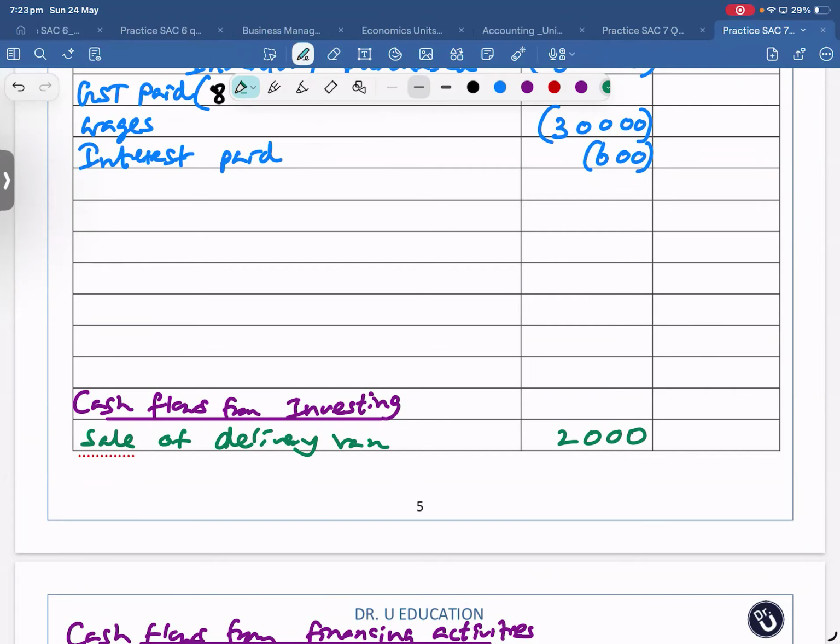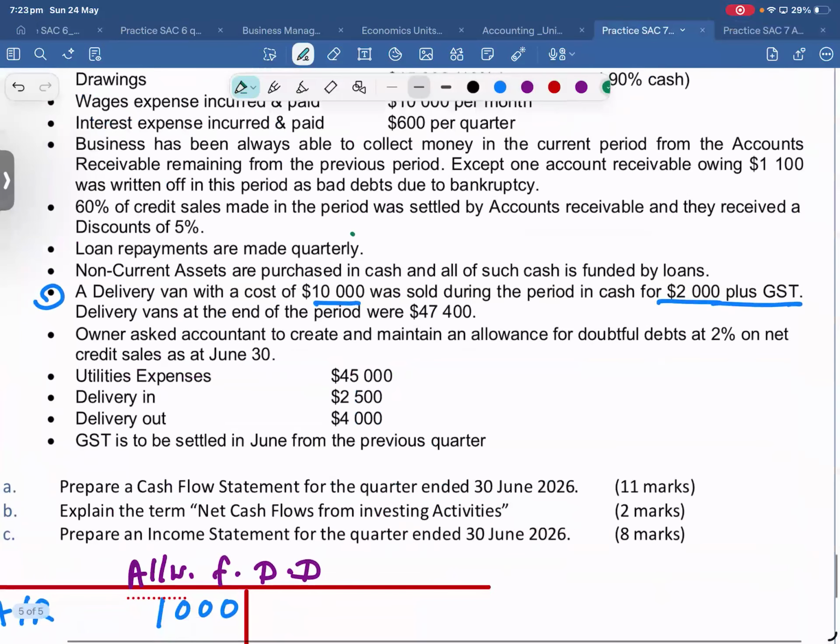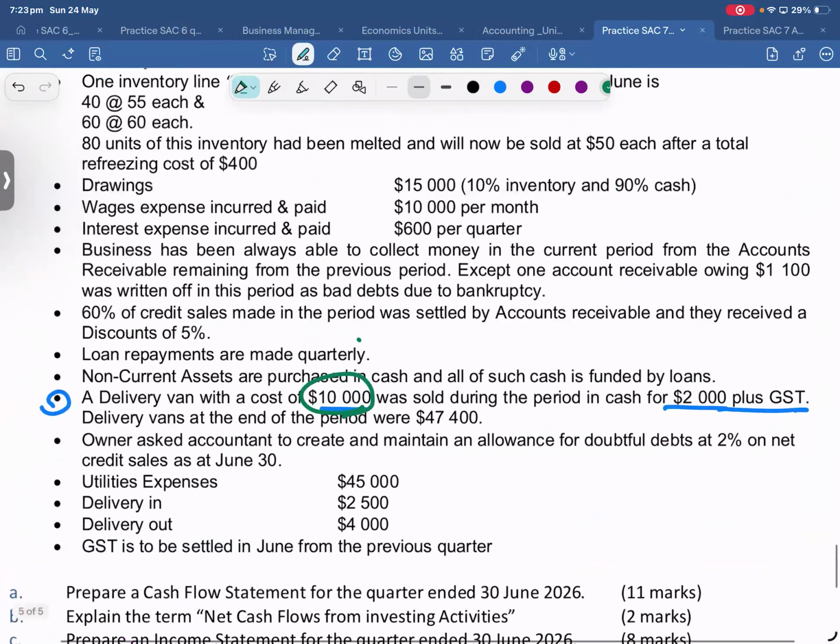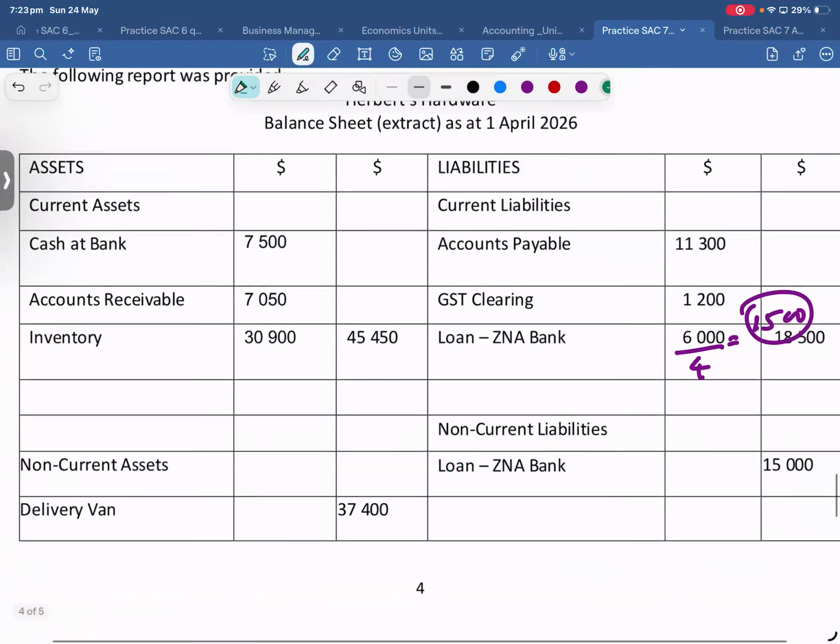Then next one. Delivery vans at the end of the period was 47,400. So what does that mean? A delivery van with the cost of 10,000 was sold during the period. So how much did we start with? 37,400.